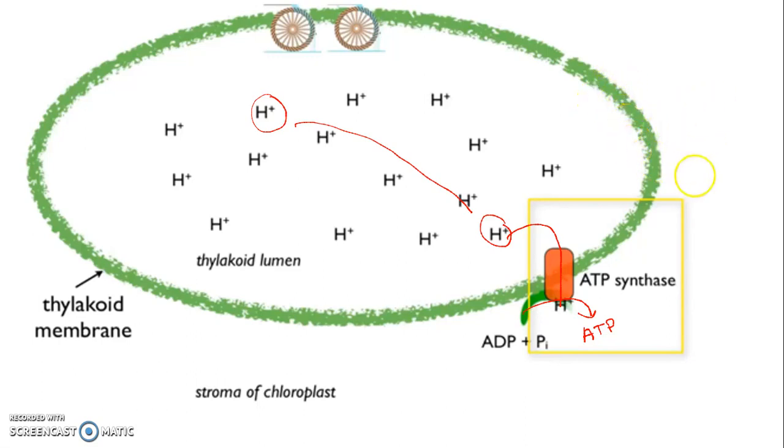The only place they can fit through to go out is the protein ATP synthase. When they are moving out, the energy of the protons going down their concentration gradient through ATP synthase fuels the phosphorylation of ADP to make ATP. So that's how ATP is made.